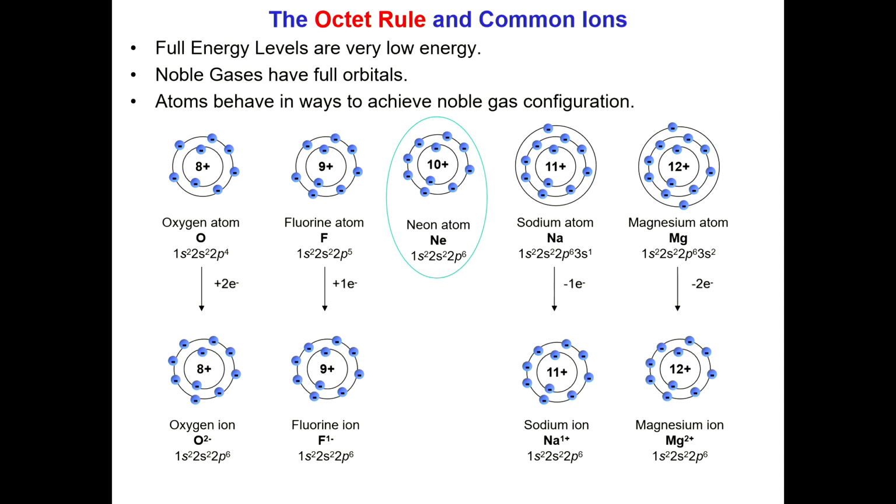So basically, it tends to lose this electron, and become stable Na+1. Okay, and also magnesium, sorry, loses 2 electrons to form Mg2+. So this is about the octet rule.